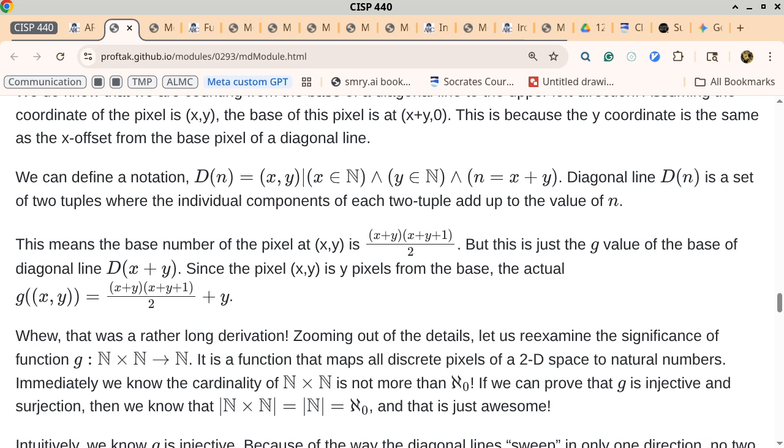A tuple of natural numbers. So using this particular G function, you can encode an entire string into a single natural number. And if you know how it is encoded in the first place, you would also be able to decode the entire string from a single natural number.